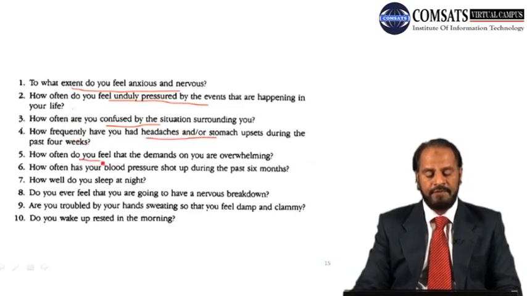How often do you feel the demands on you are overwhelming? How often has your blood pressure shot up in the last 6 months? How well do you sleep at night? Do you feel that you are going to have a nervous breakdown? Are you troubled by hand sweating so that you feel damp and clammy? Do you wake up rested in the morning?